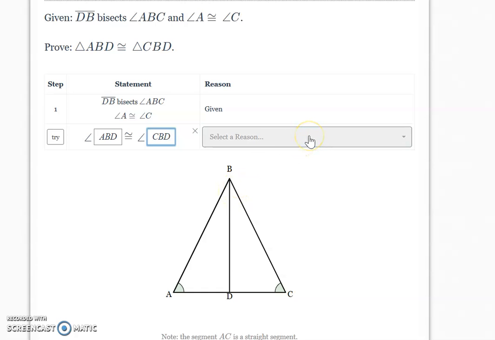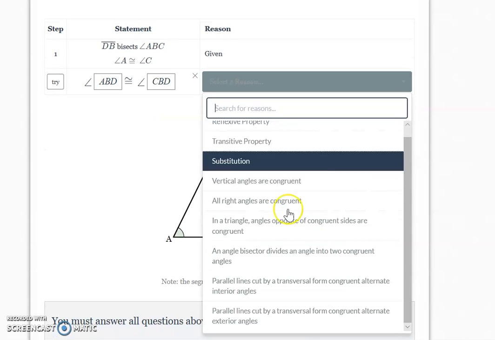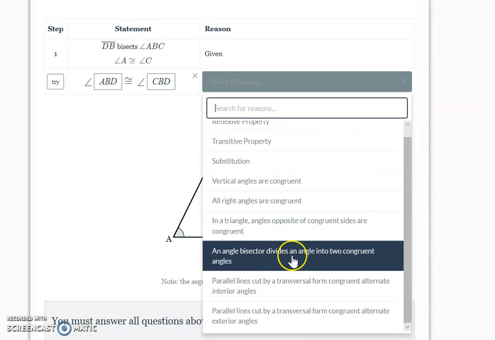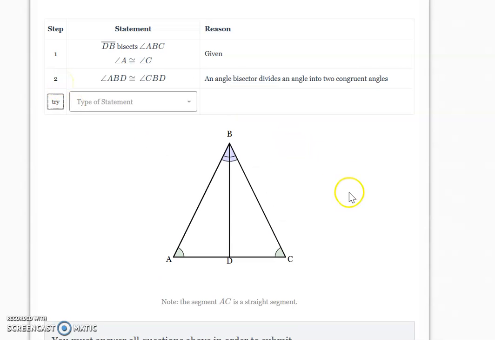The reason I know that is because that's what bisect means: an angle bisector divides an angle into two congruent angles. That's what I'm looking for. So let's insert that. Now we know that those two are congruent.